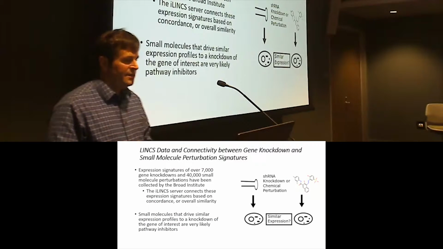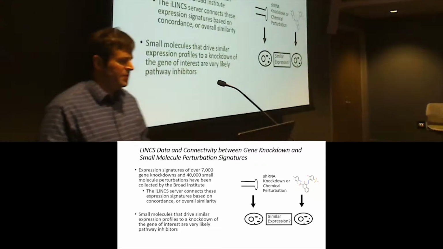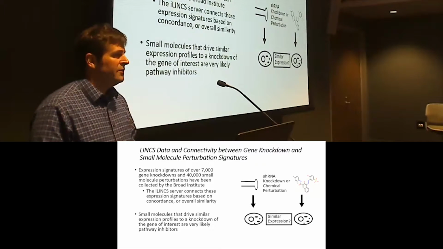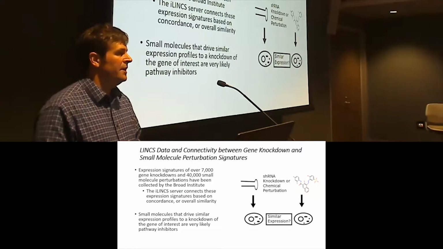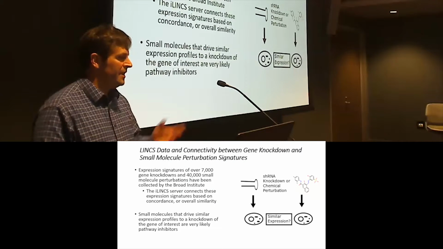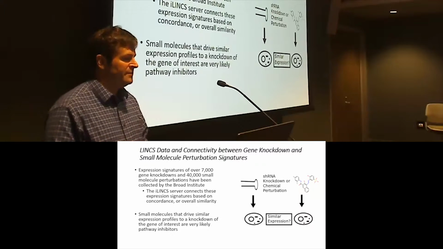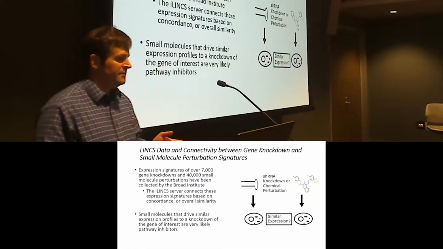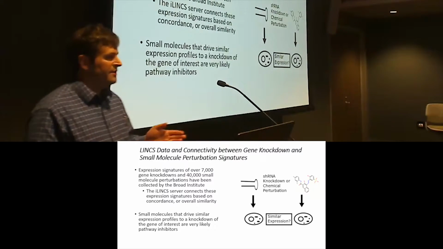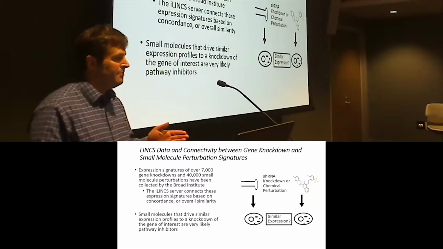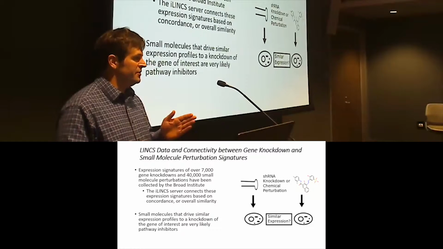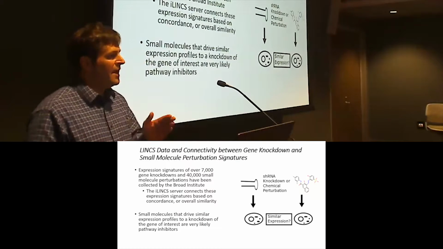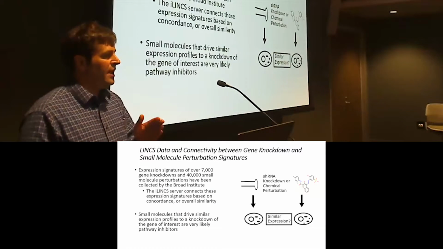So the idea is essentially, and Yarc mentioned this, that there's around 40,000 small molecule signatures in LINCS, a little over 40,000. There's about 7,000 gene knockdowns. So essentially what Sig2 lead does is you can input a gene, it'll find the gene knockdown signature, and then it'll query that against the small molecule library.